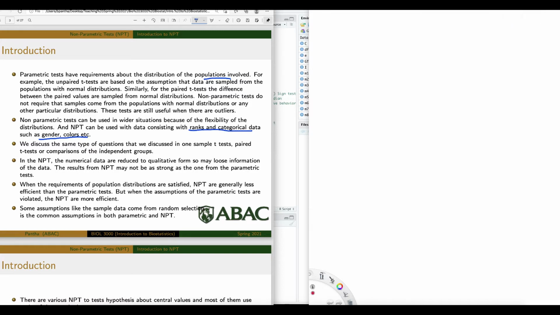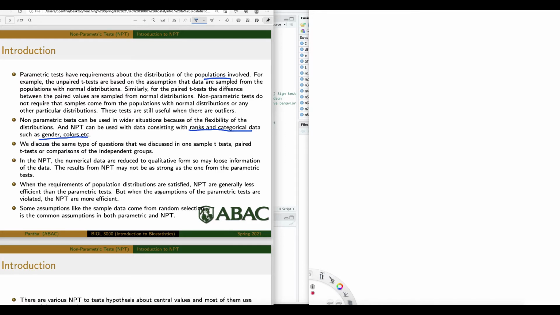In the non-parametric test, the numerical data are reduced to qualitative form, so it may lose information of the data, because all these numerical data will be reduced to qualitative form by using the ranks. The results from a non-parametric test may not be as strong as those from the parametric test. When the requirements of the population distribution are satisfied, non-parametric tests are generally less efficient.